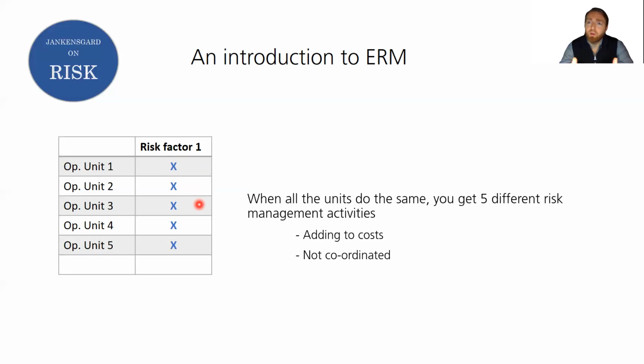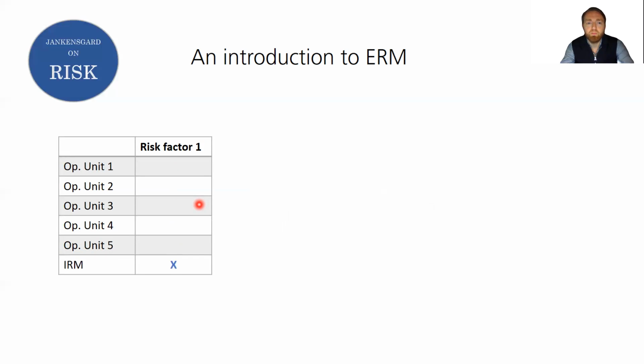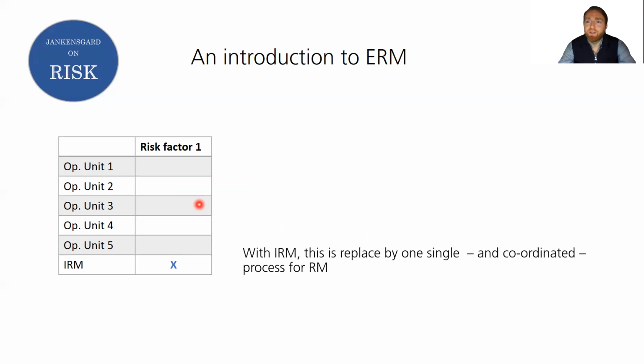But that kind of coordination fails to happen in this silo approach. Whereas in integrated risk management, you do in fact incorporate the net exposures. You replace these 5 uncoordinated risk management efforts with one coordinated process.